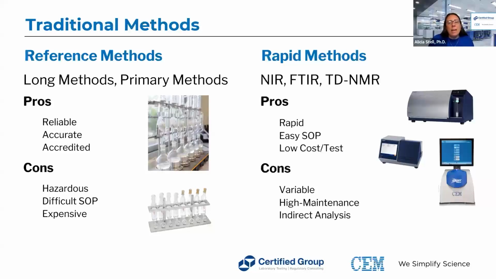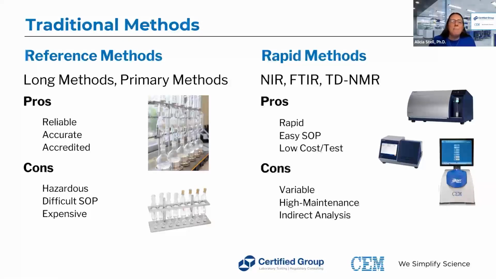And so with methods like NIR and FTIR and TD-NMR, they are more rapid, they're easier, and they cost less. But the big catch here is they still require calibration with these reference methods. So the reference methods don't go away. You still need them. You maybe just don't have to run them as often, but you still have to calibrate back to it. They can be variable because of this calibration. They can be high maintenance, and they're giving you indirect analysis.